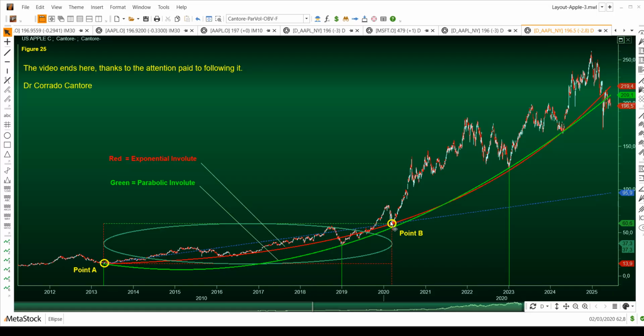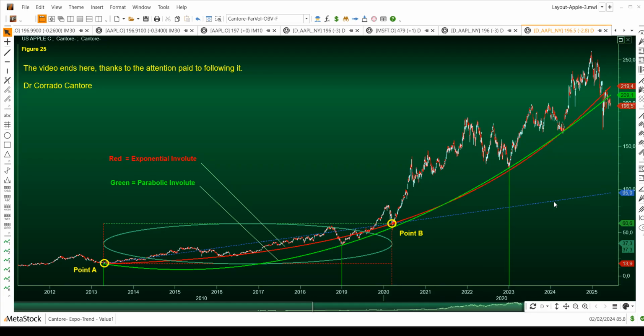They have 2 modes of their representation, one of which is very simple and one slightly more articulated. The simplest way to use it is the one shown in the figure and essentially concerns the tracing of a red exponential involute and the blue trend line with dashes. Both of these graphical tools are positioned on the 2 points selected by the placement operator of the exponential involute being plotted.